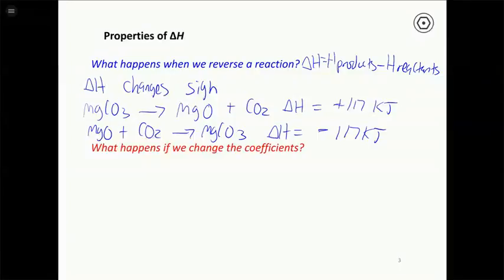And then, as we talked about on the last slide, if we adjust the coefficients for a chemical reaction, delta H scales by the same amount as the coefficients are scaled by.